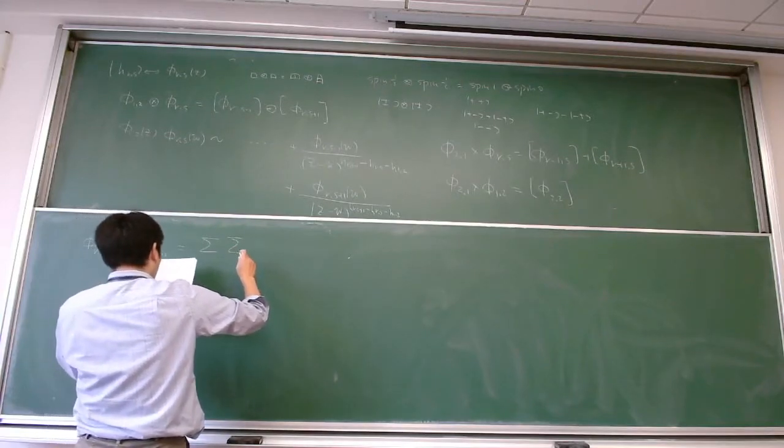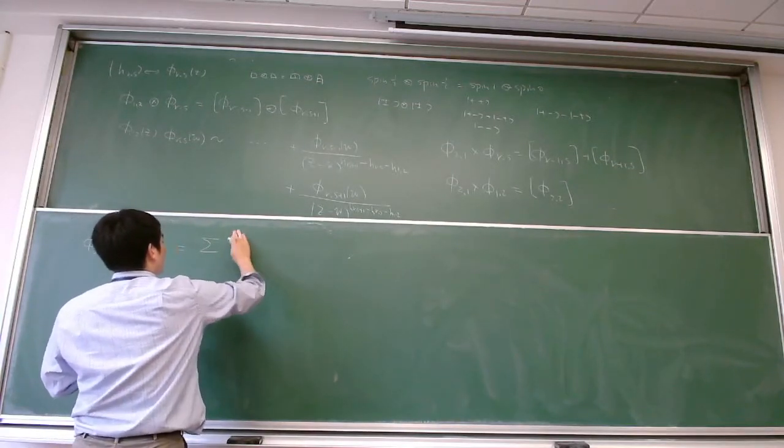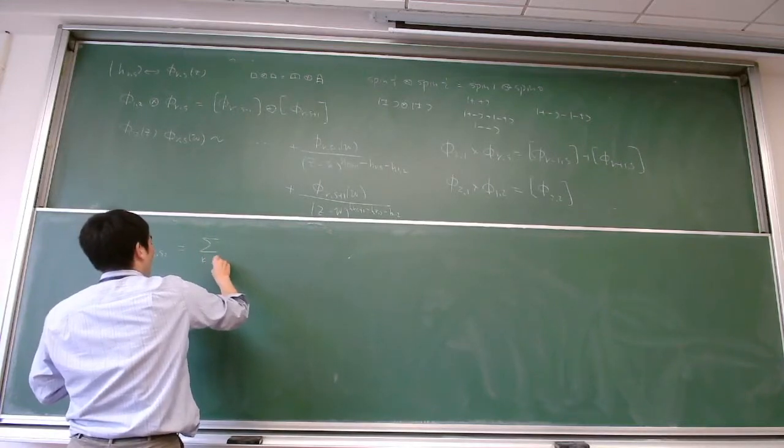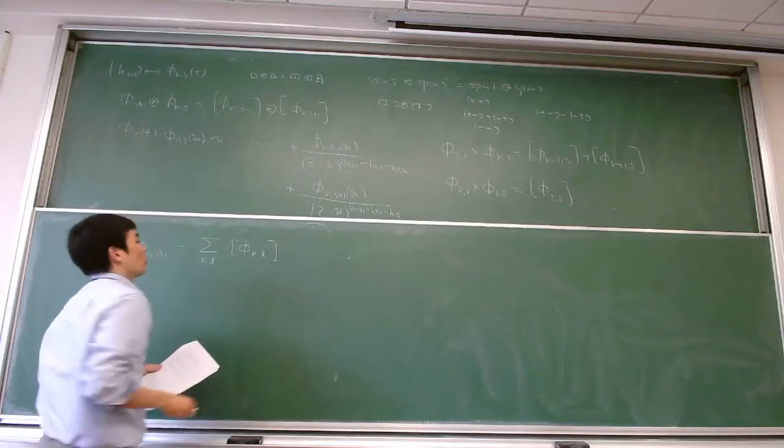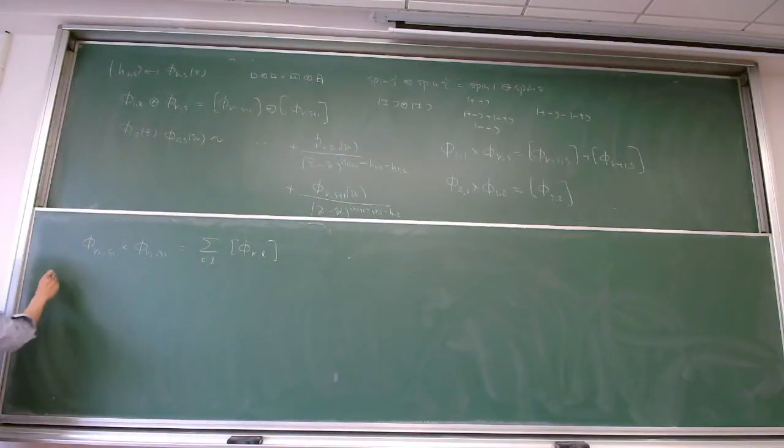The sum of conditions K and L, Phi K L. So you can just show this is called the fusion rule.